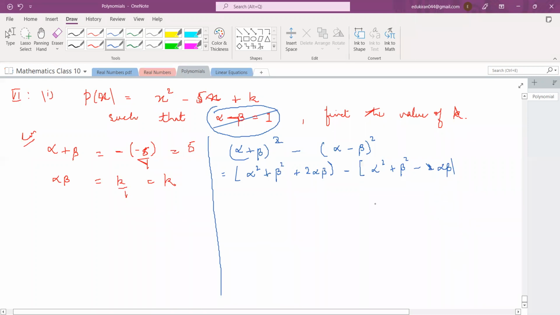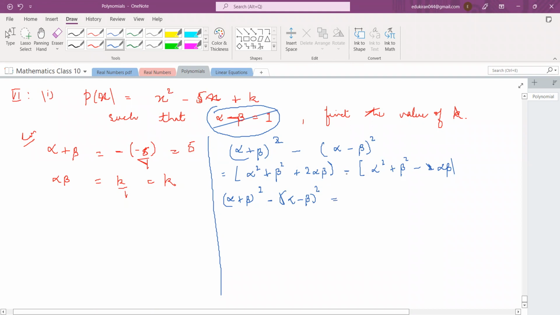Right? Okay. So, or I think I should write it in an equation form. Okay. So my alpha plus beta whole square and minus my alpha minus beta whole square will be equal to.